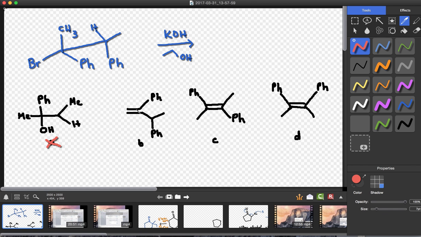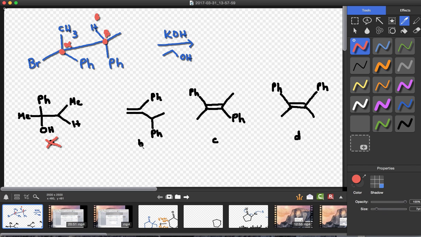Also, we are going to make a double bond between the alpha carbon and the beta carbon. We're going to remove the beta hydrogen. Remember, this is called beta elimination.